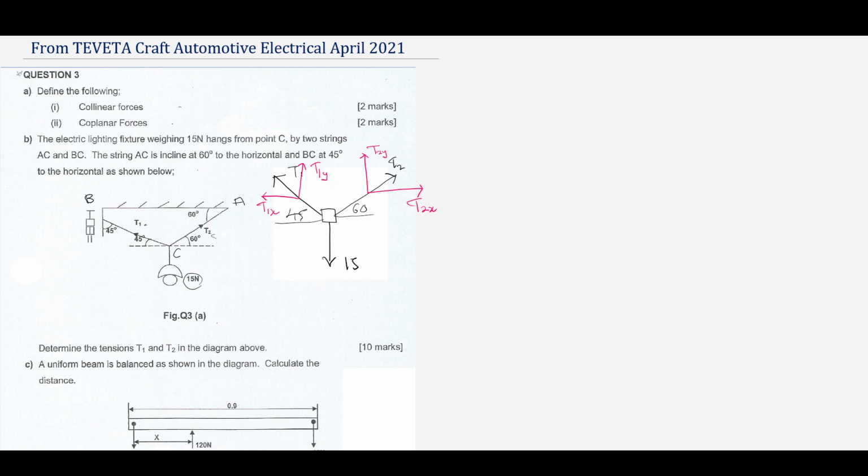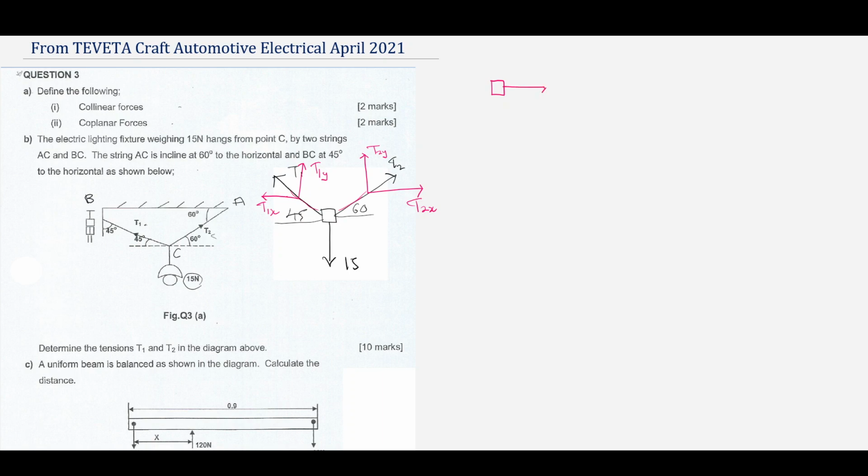These two components, the x component and the vertical or y component, have the same effect on this body as the forces that are acting at angles. So for example, this force has these two components which have the same effect, and this force has these two components which have the same effect. So we can redraw our diagram with the forces acting like this.